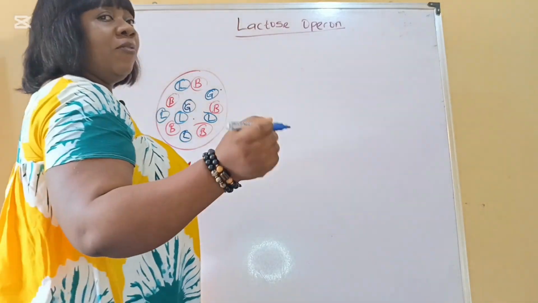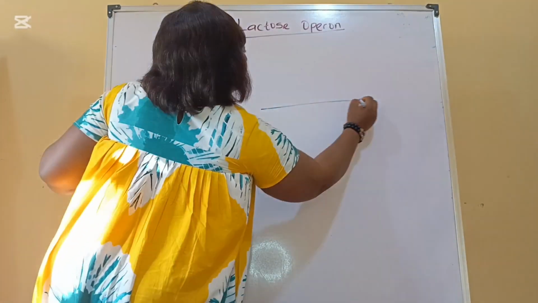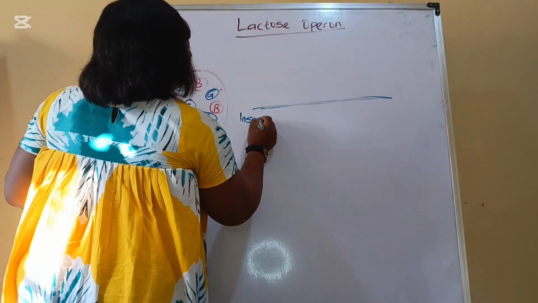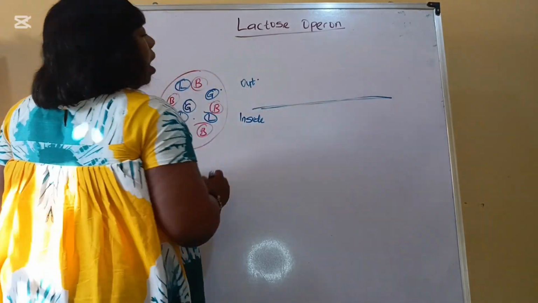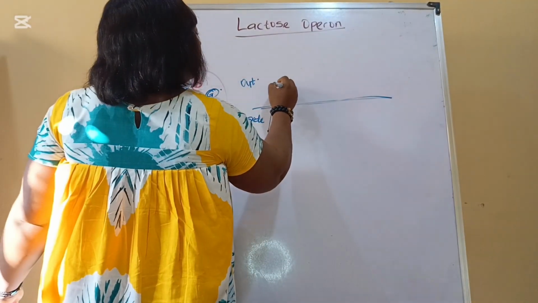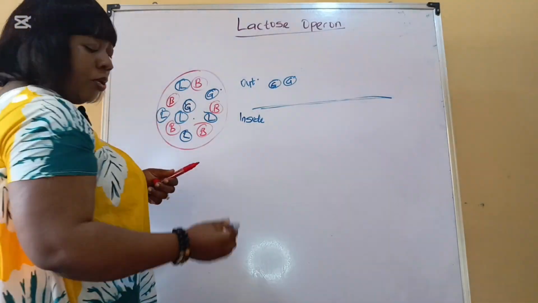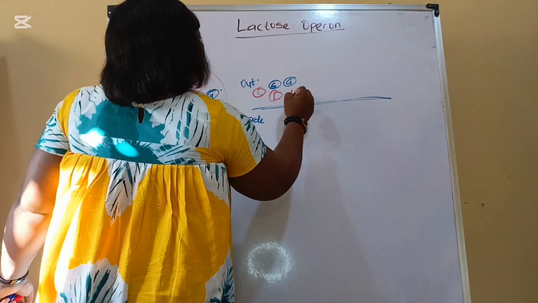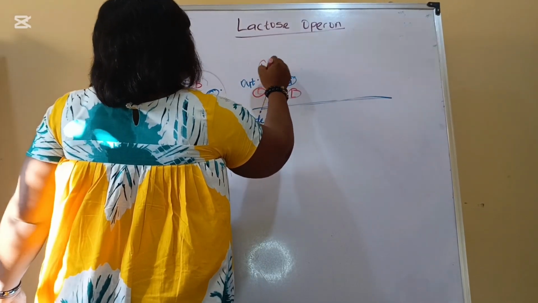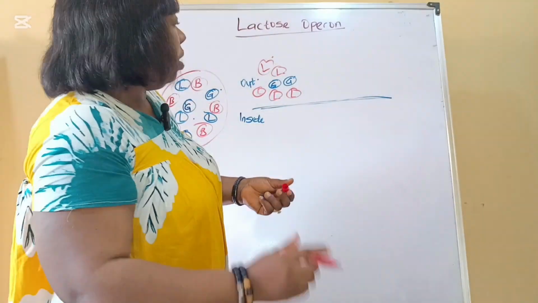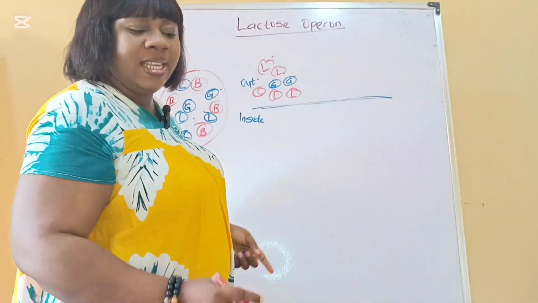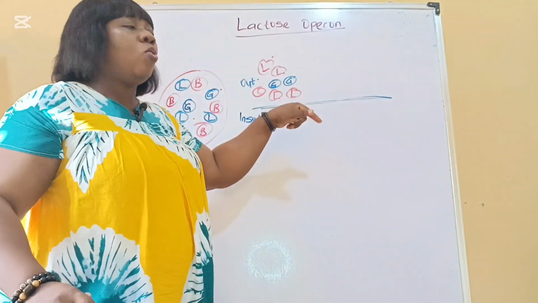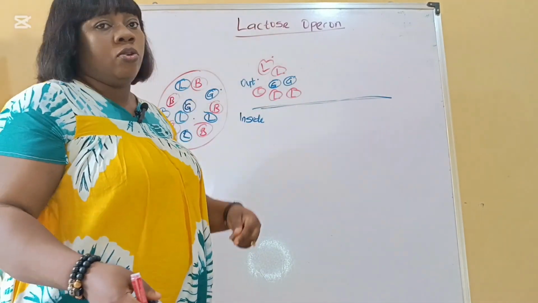Back to the board, and let's say for example, this is our bacterial cell. This is the inside of the cell, and this is the outside. Here we have glucose, but on the other hand, we now have lactose. Since there is not enough glucose here, the cell will sense that it doesn't have sufficient glucose and needs to take up lactose.